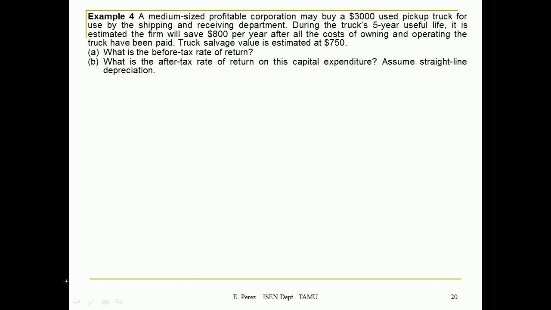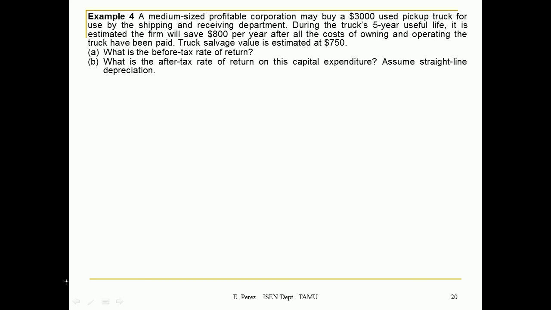So let's look at one example. Here we have a medium-sized profitable corporation that may buy a $3,000 used pickup truck for use by the shipping and receiving department. During the truck's 5-year useful life, it is estimated that the firm will save $800 per year after all the costs of owning and operating the truck have been paid.